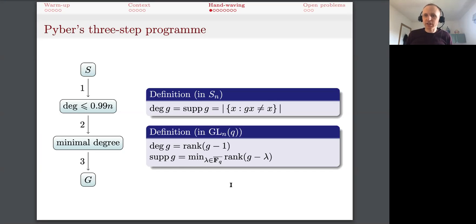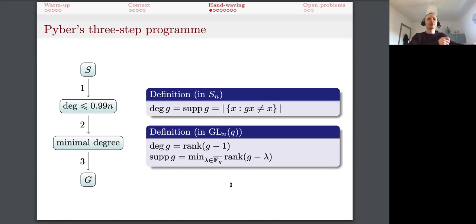So I want an analog of this for SL_n(Q). For SL_n(Q), I say the degree is the rank of g minus the identity. So an element of small degree looks like the identity plus a small rank element. For instance, an element of degree 1 is a transvection. You might think of the coordinate transvections, which look like a matrix with 1s on the diagonal and one other non-zero entry.